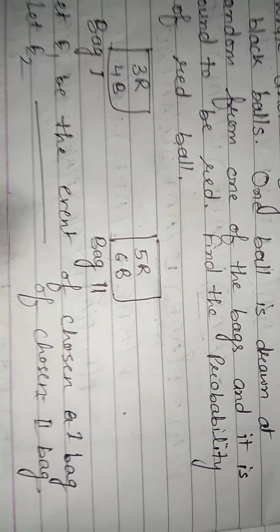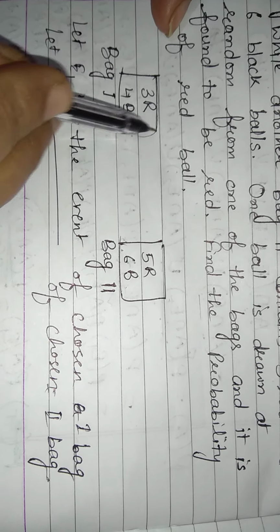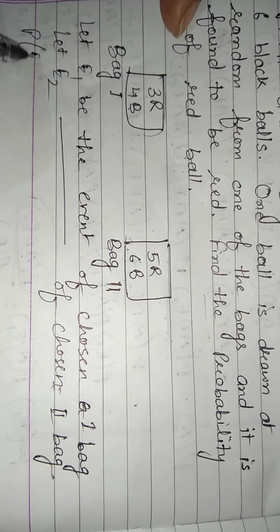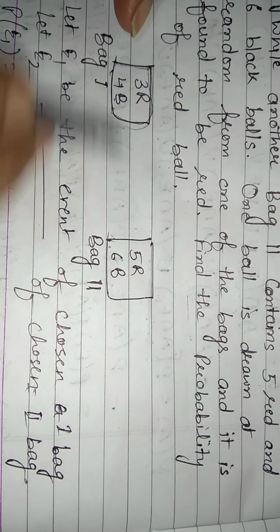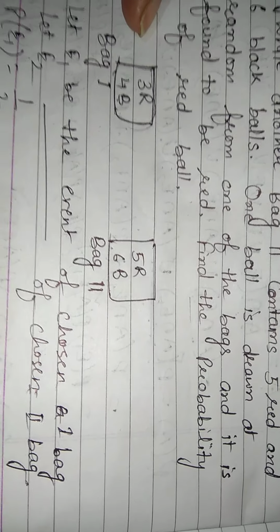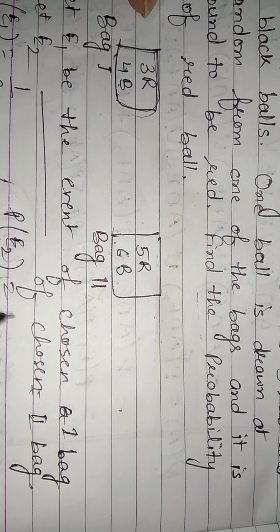How many bags are there? Total 2. Then the probability of the first bag, P(E1), will be favorable 1 and total 2, so 1 upon 2. And the second bag probability is 1 by 2.